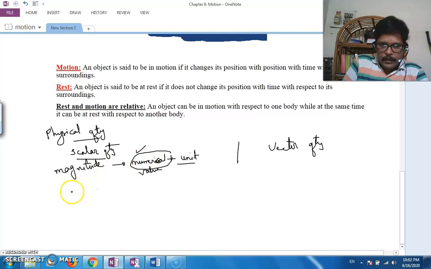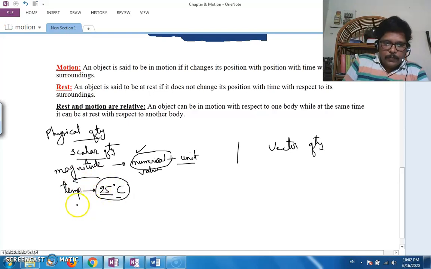So let me give you this example. Generally in physics we take the room temperature as 25 degrees Celsius. Now 25 is the magnitude, and degrees Celsius is the unit for that physical quantity. Since this is sufficient to have complete knowledge about the temperature, it's a scalar quantity. And then what is the current flowing in the wire?